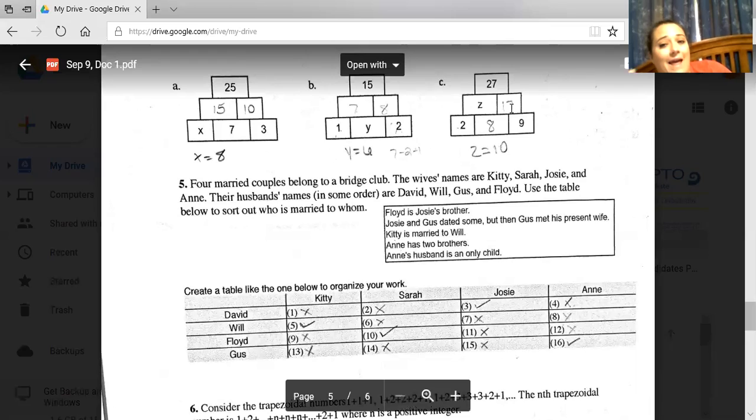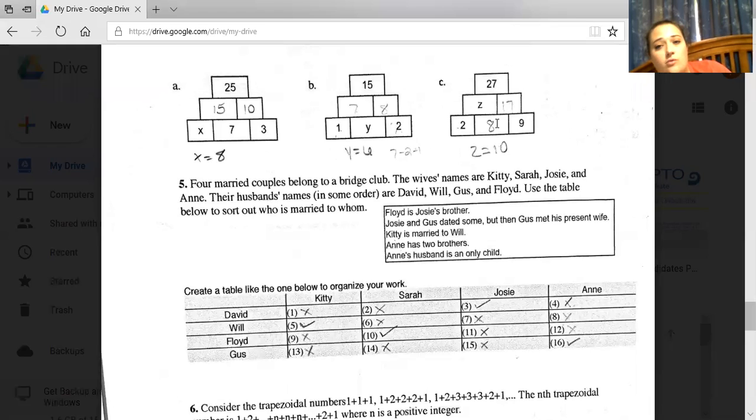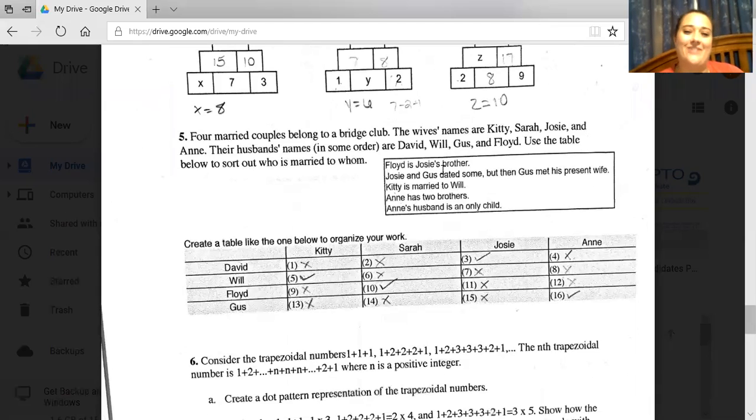And so I got 8 from that, and then I was able to solve for Z by adding 8 plus 2, and then came up with 17 by adding 8 plus 9. And so that's how I figured it out. That's my problem solving strategy.